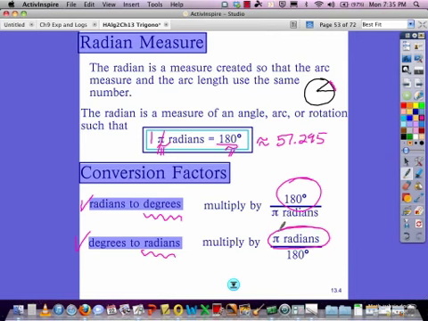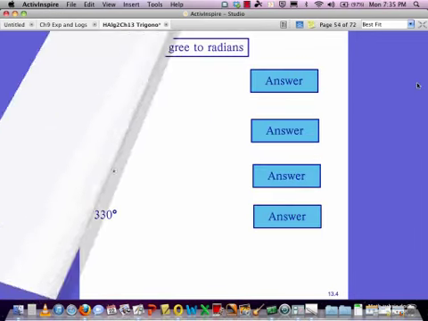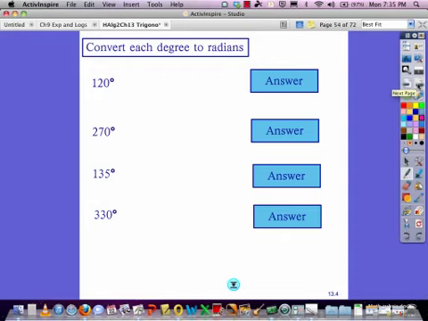Knowing that, and again, some of these will be with a calculator, some of them will not. If we say convert each degree to radians, right away you're saying radians, so this should be a multiplier, pi on top and 180 degrees on the bottom.